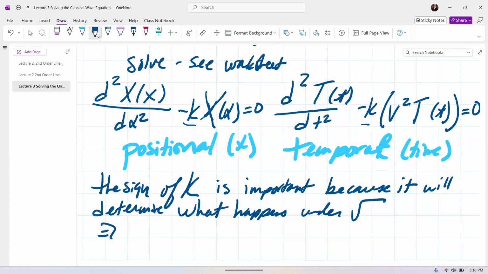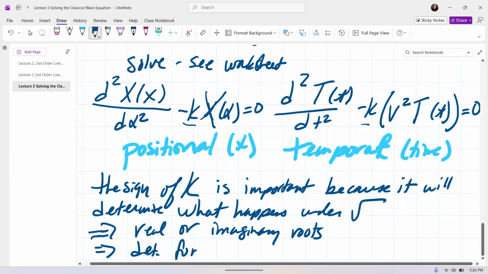This will lead to whether it's real or imaginary roots. And as you remember, that determines the functional form. So that will be very important.